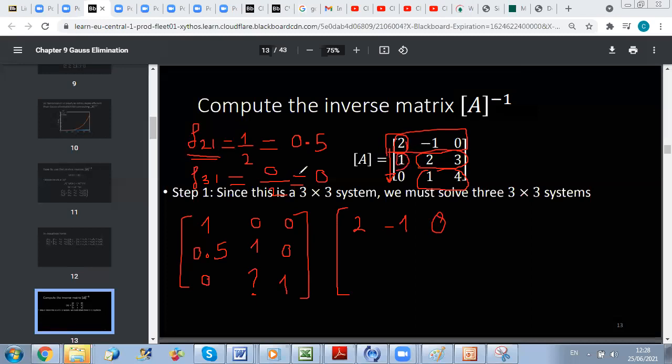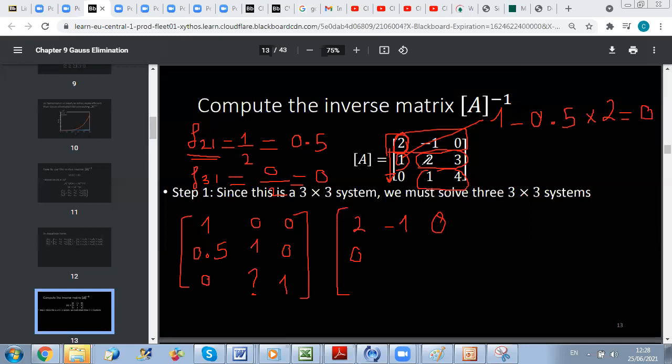So I expect when using F21 equal to 0.5, this element will become 0. I can verify this. It's very simple. I do 1 minus F21, which is 0.5, times the element in the pivot equation in the same column of 1, which is 2. So 1 minus 0.5 times 2, I verify that this is equal to 0.